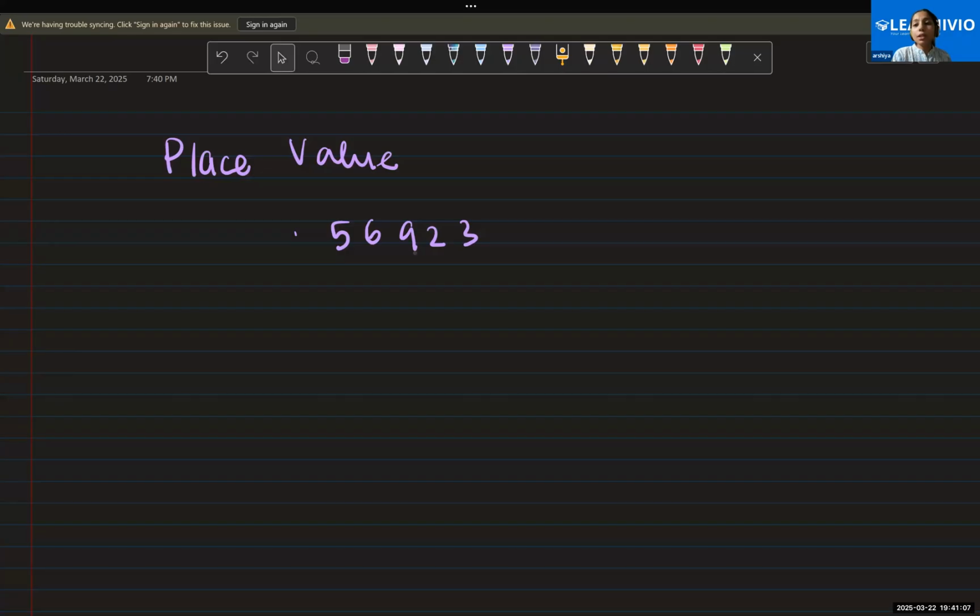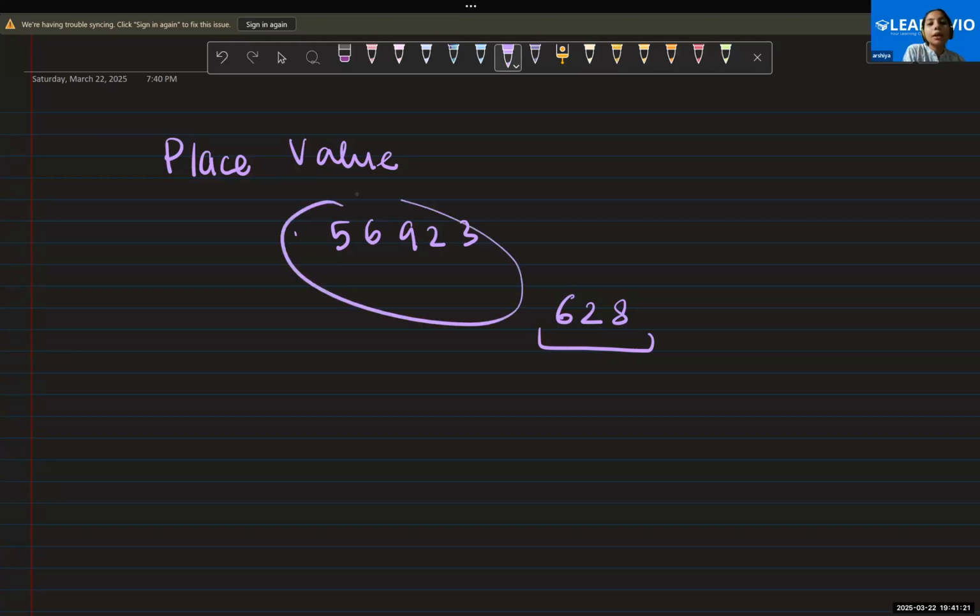How will you say this number? If I had a number like 628, you know that it's a three-digit number, so it's going to be 628. That much you already know when it comes to counting. But this is a big number. How do you deal with such big numbers? That's where we use the place value system. We'll put the commas so that we understand.